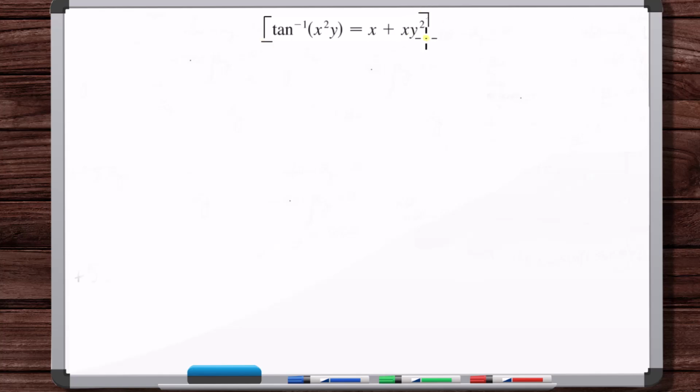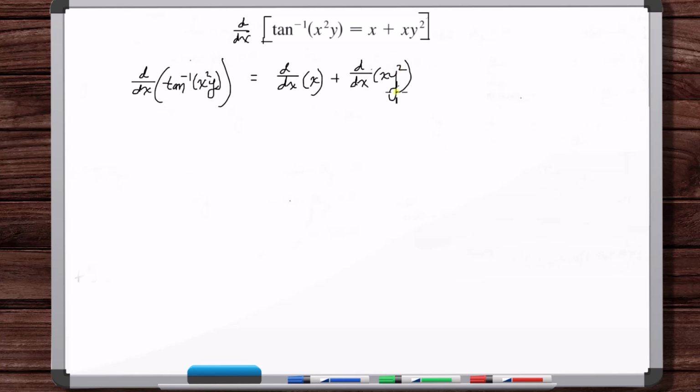Okay, let's take the derivative of this entire equation. We've got the inverse tangent function.